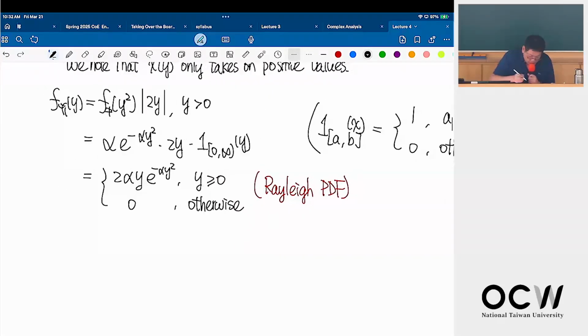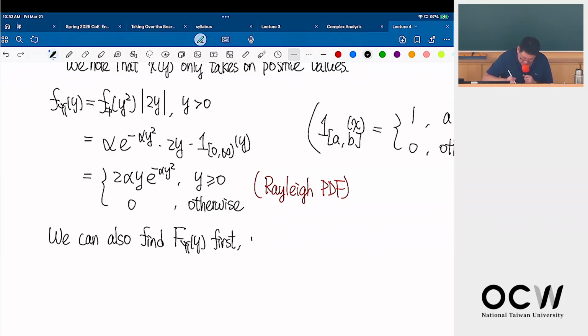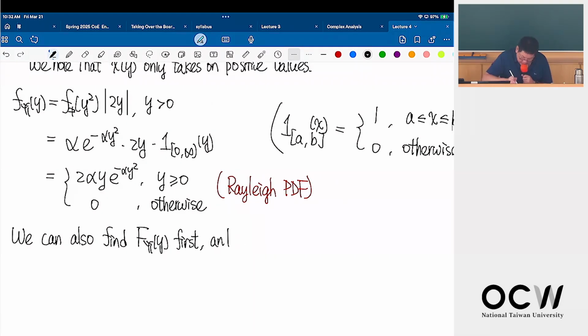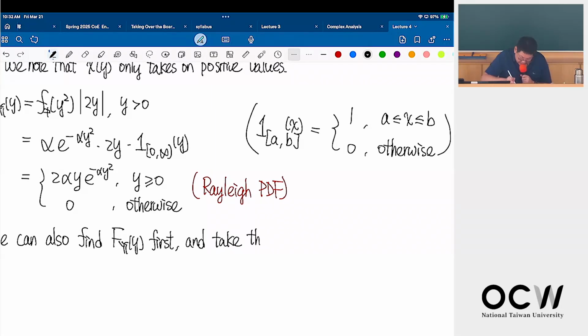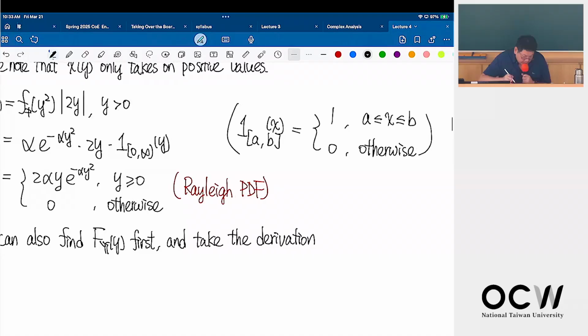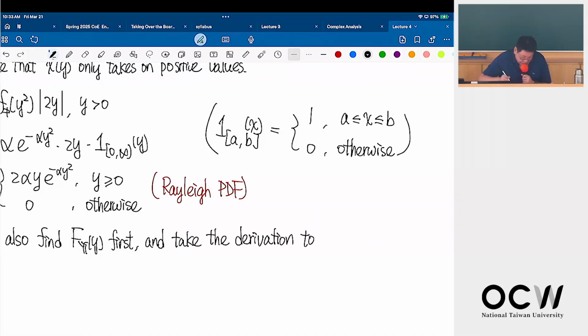We can also find the CDF first, and take the derivative, to get the PDF of y.